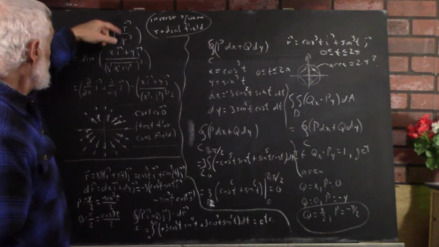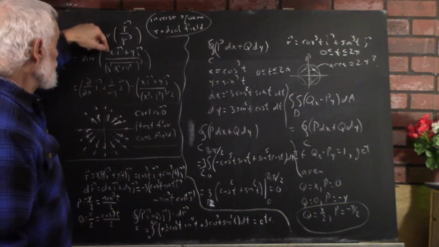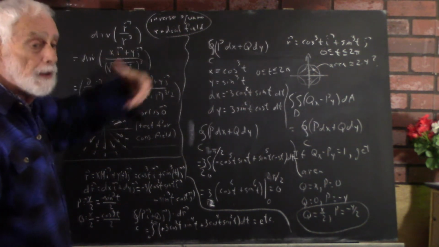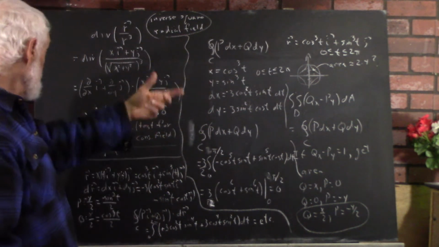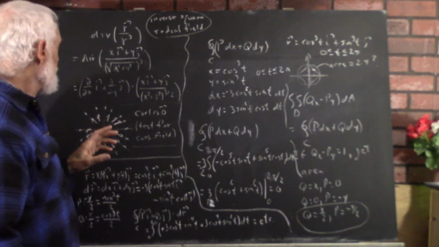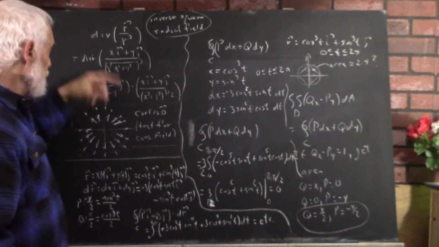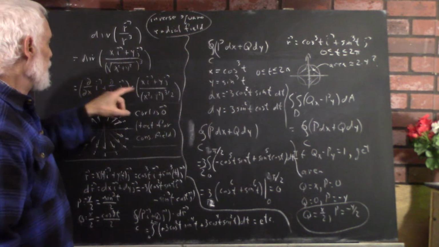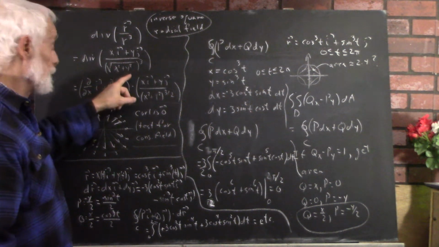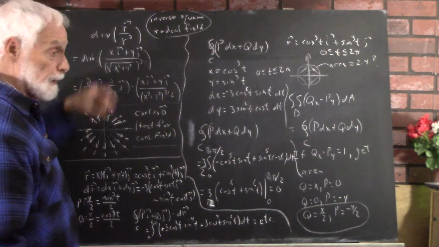Okay, anyhow, you do the divergence of this. Well, your r vector is xi plus yj. The r vector at the point of the plane is just your xi plus yj vector, and hopefully we're familiar with that. And of course, the cube of the magnitude of that is the cube of the square root of x squared plus y squared, because the square root of x squared plus y squared is the magnitude of this vector.